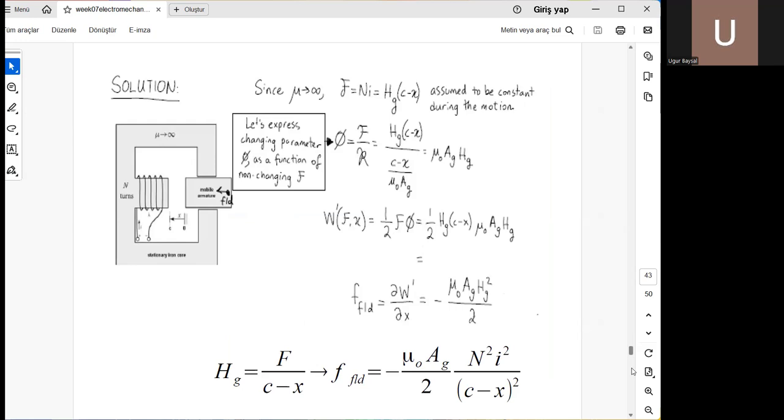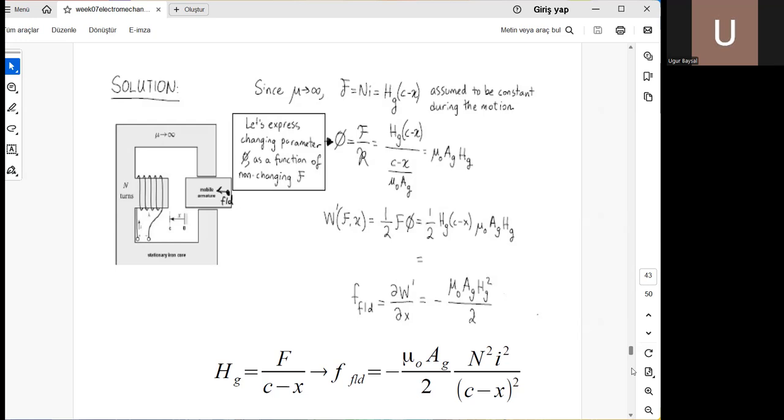We start with the assumption. This is an idealistic device. Magnetic permeability is infinite, so the reluctance of the core is 0. MMF is N times I, and only the MMF across the air gap is important because the reluctance of the core is 0. So that MMF is Hg, the magnetic field intensity across the gap, times the distance of the air gap, C minus x.